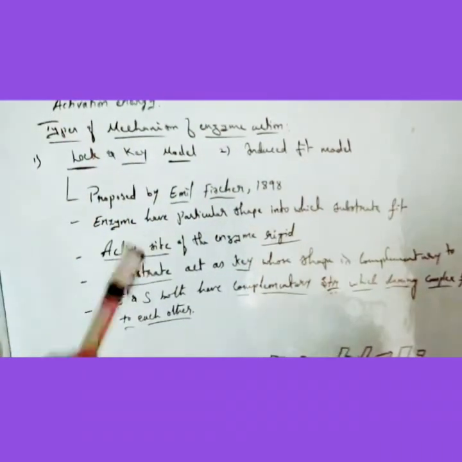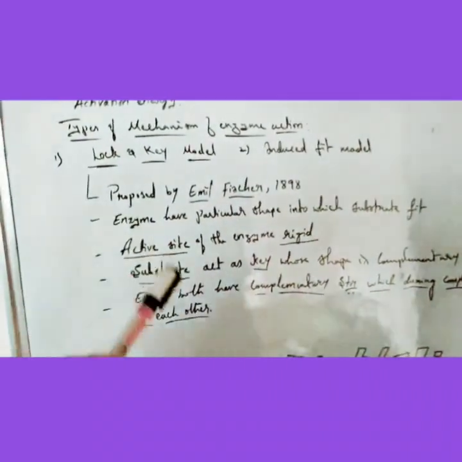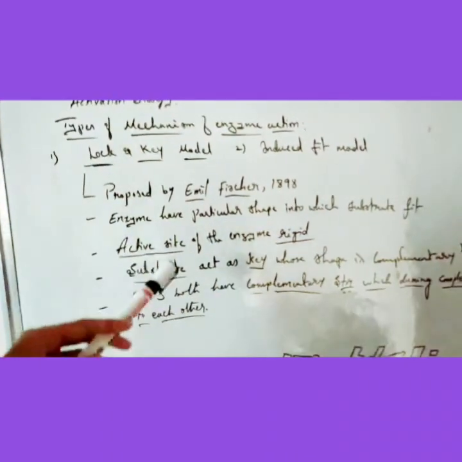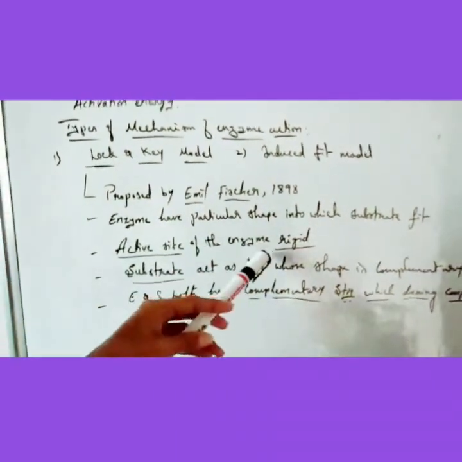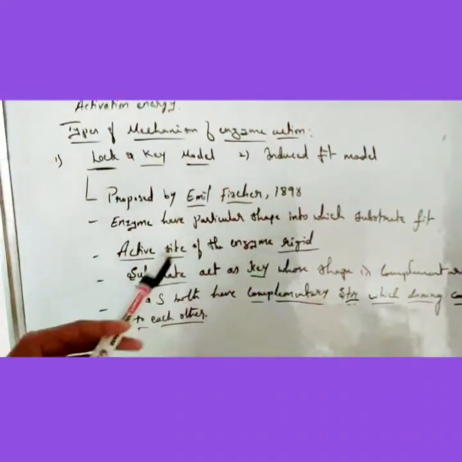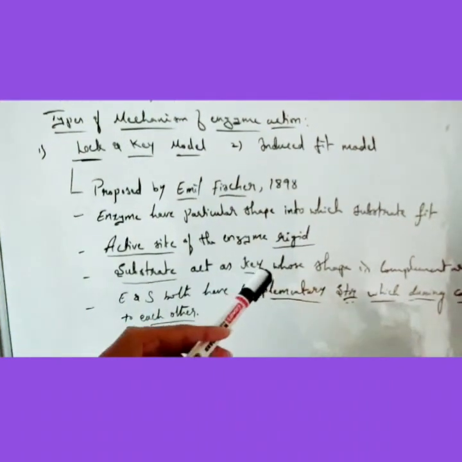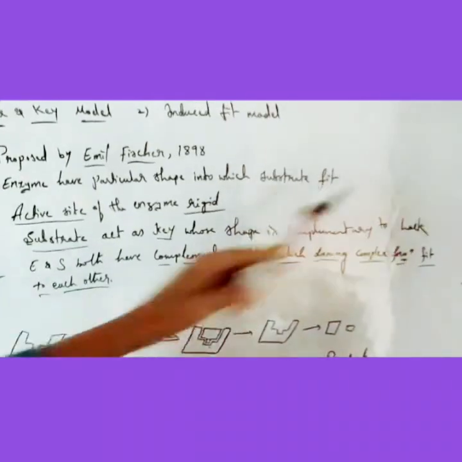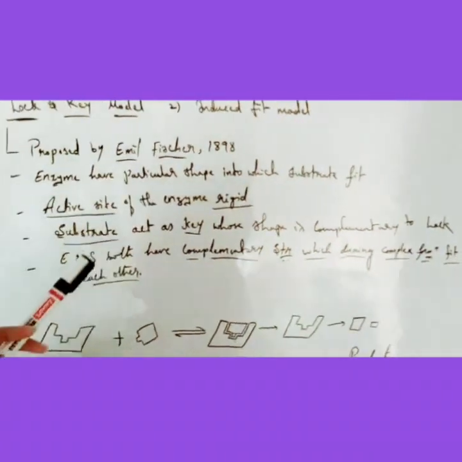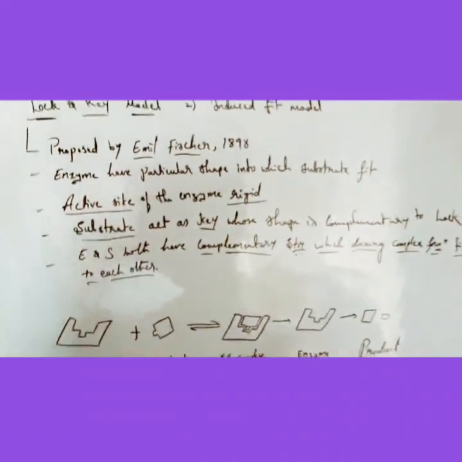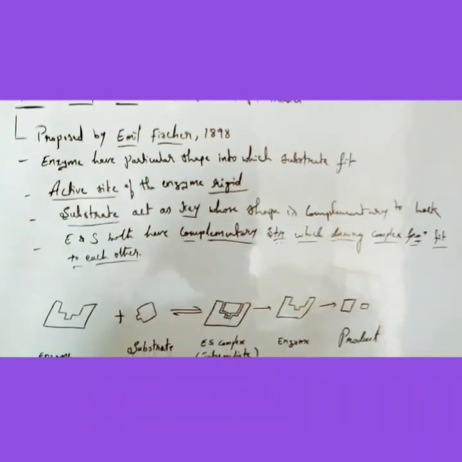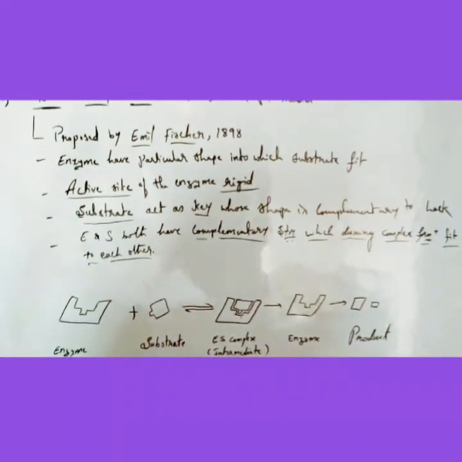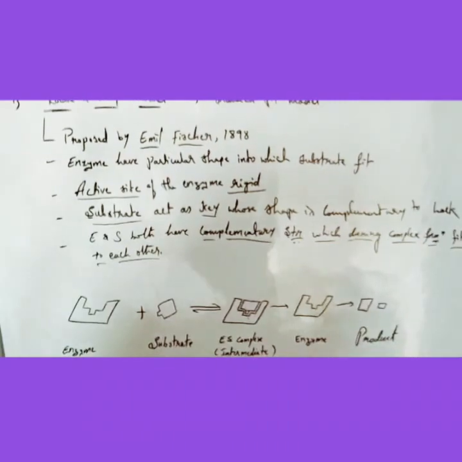The enzyme has an active site, and the active site of the enzyme is rigid. The substrate acts as a key whose shape is complementary to the lock, and specific substrate molecules bind to a specific region of the enzyme molecule, called the active site.